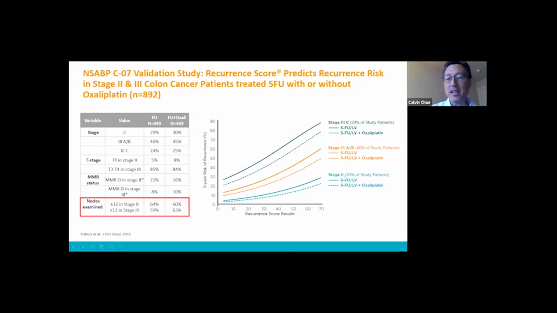The same thing with the stage 2. You know, many guidelines still recommend using oxaliplatin, or physicians believe that it's warranted to give FOLFOX if you're going to give any chemotherapy at all. Well, we would argue that, frankly, if you look at the low-risk stage 3 patients and the high-risk stage 2 patients by recurrence score, they really do have comparable risks and comparable benefits from adding oxaliplatin.